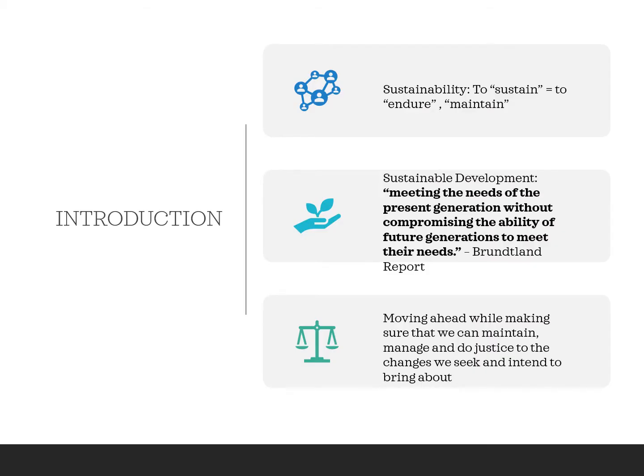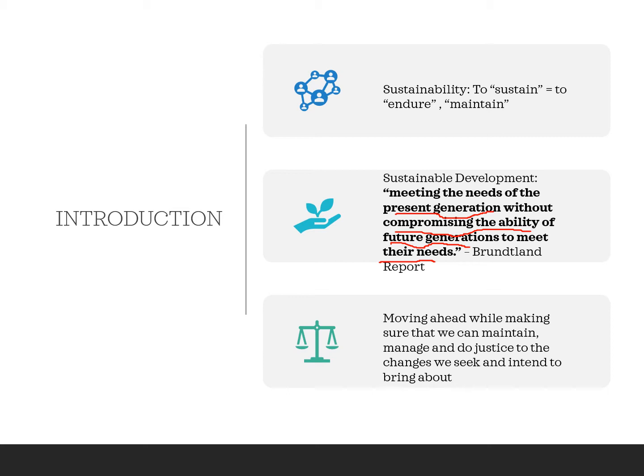As the introduction, we should know the definition of sustainability. Sustainability comes from the word sustain, which is to endure or to maintain. Sustainable development is meeting the needs of the present generation without compromising the ability of future generations to meet their needs, according to the Brundtland Report.